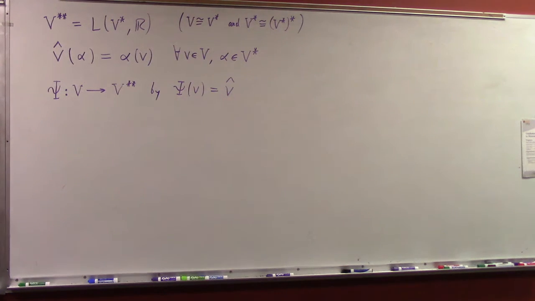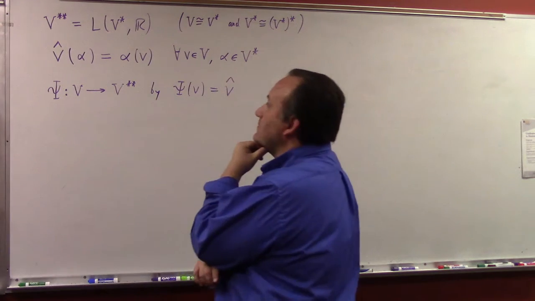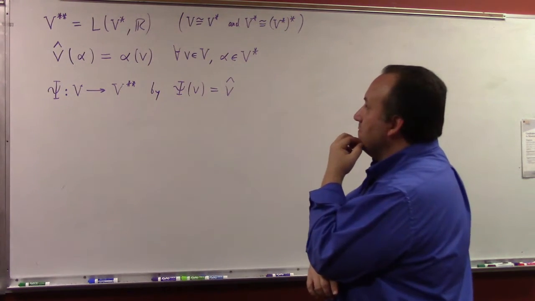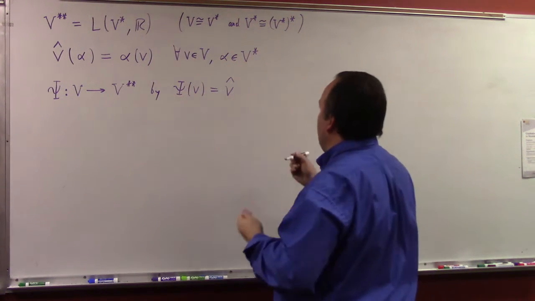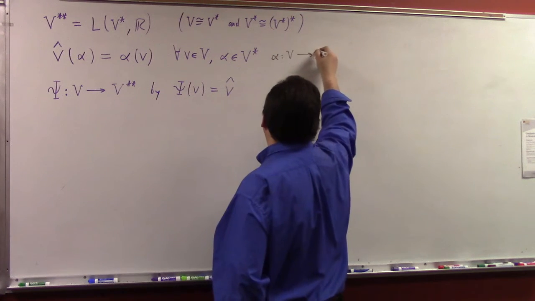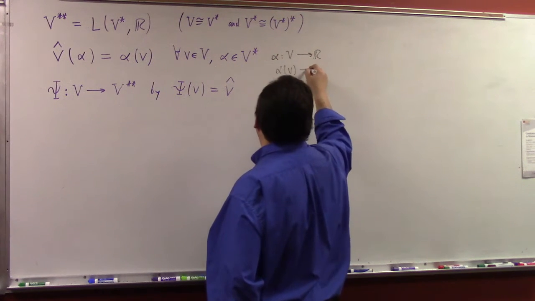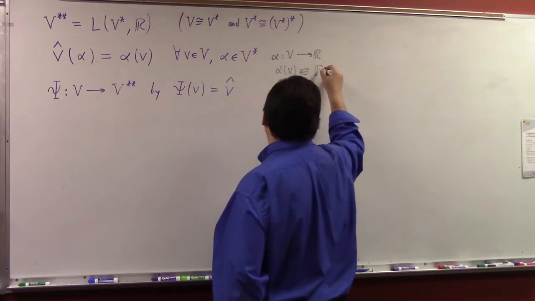Any questions? Because alpha of V, isn't that an element of V dual? No, this is for alpha in V dual. So alpha is a mapping from V to the reals. So alpha of V is an element of the reals.